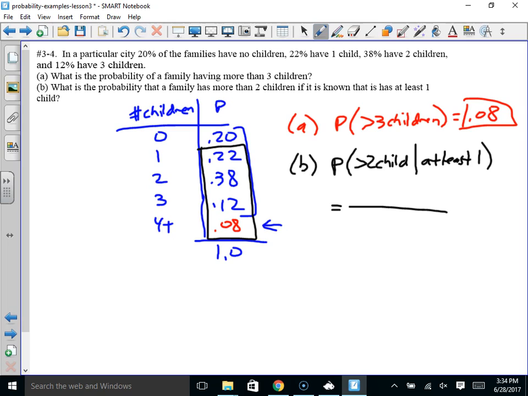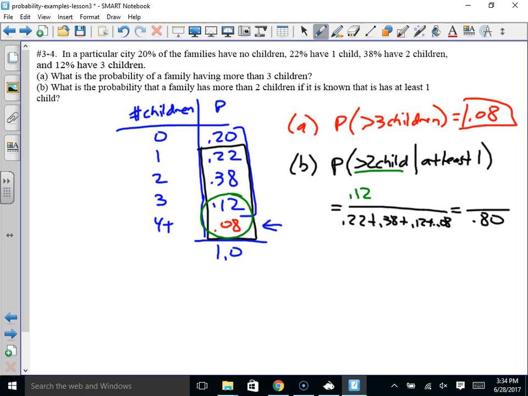So if this is 20%, that's going to add up to 80%. So 0.22 plus 0.38 plus 0.12 plus 0.08. So out of the 80% of families that have at least one child, what's the probability that we have more than 2 children? More than 2 would be these two cases.